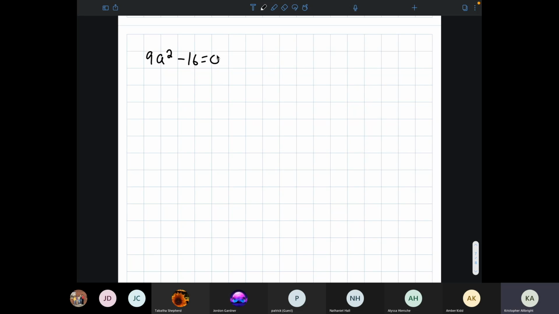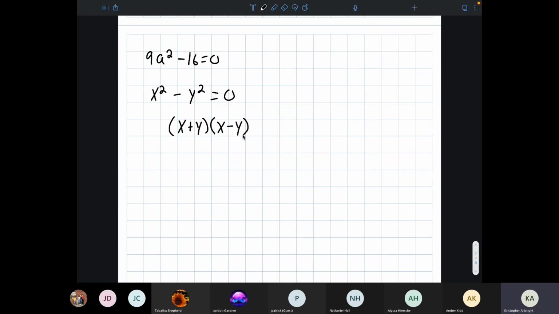And what it is is something squared minus something squared equals 0. And this is just a special rule that I don't really know why they expect you guys to know, because they haven't gone over it yet. And if you have this, then your factors are x plus y, x minus y.